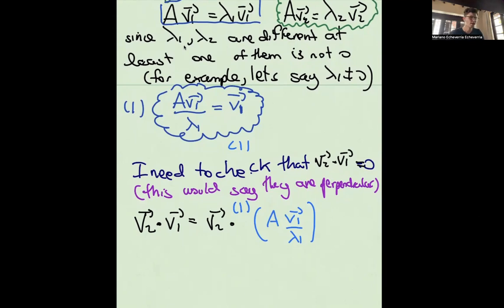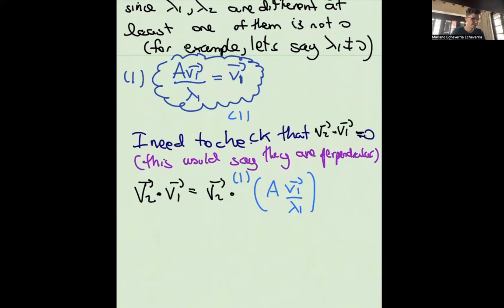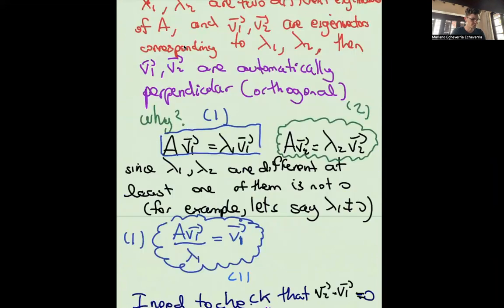The constant is in the denominator, but you can think about it as just dividing the a times v1. It doesn't matter, because you can put the constant anywhere you want. It just looks better if you write it this way, because then what can you use?